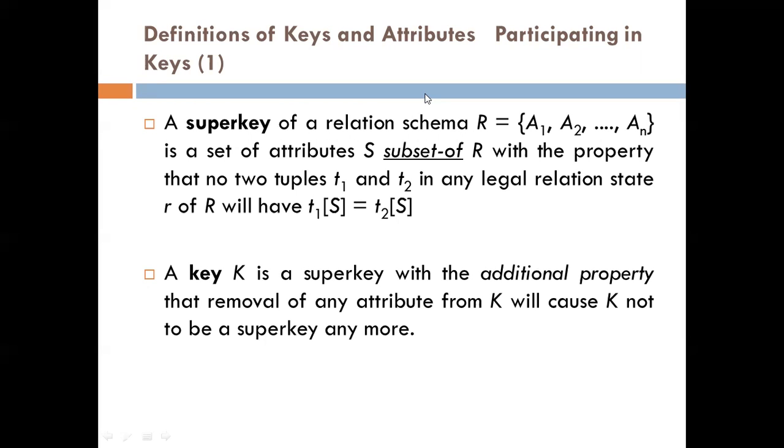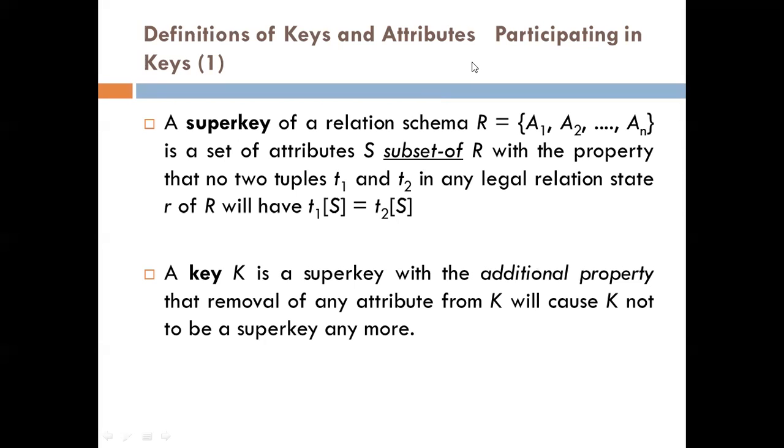Then we discussed the concept of super key and key with an example in a very elaborated way, in order to identify the differences between a super key and key.